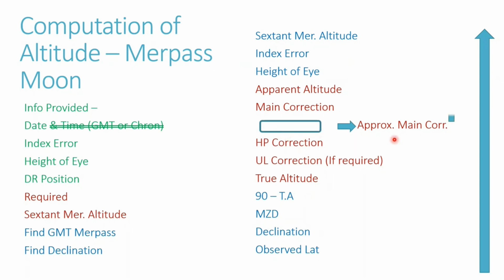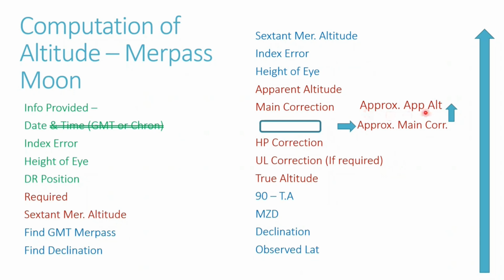Once you apply it, you will get the approximate apparent altitude. So we have applied the main correction in reverse and got the apparent altitude. But since this main correction was approximate, the apparent altitude obtained will also be approximate. So we have now obtained the approximate apparent altitude of the moon.